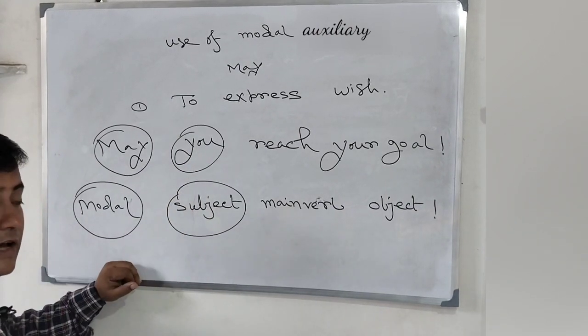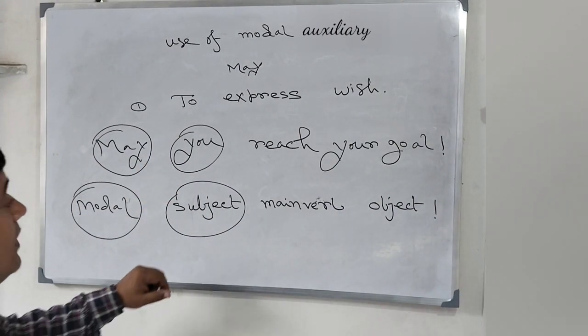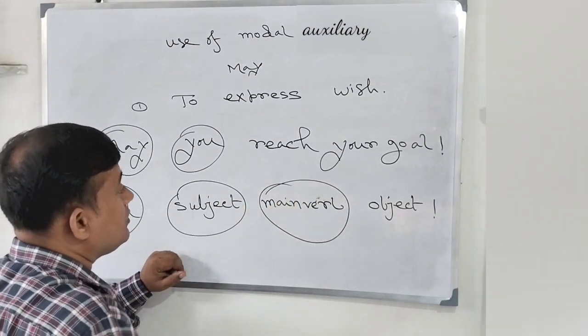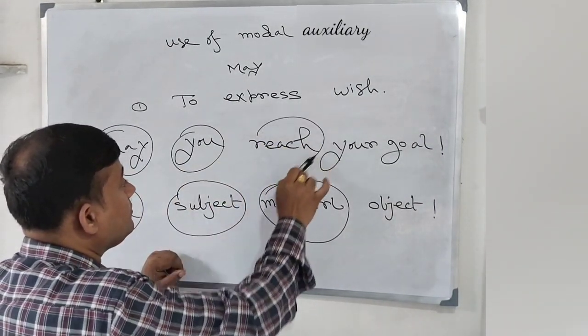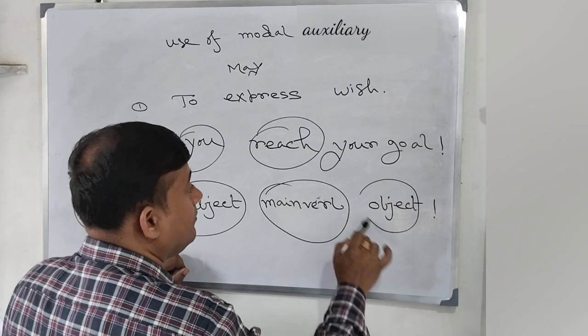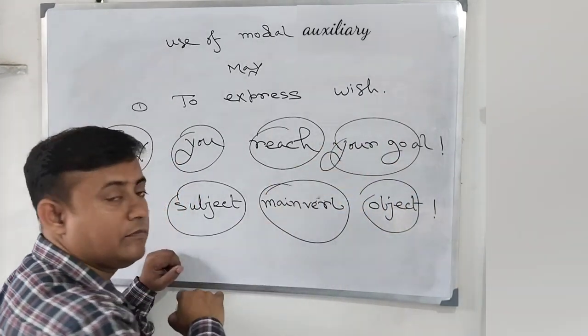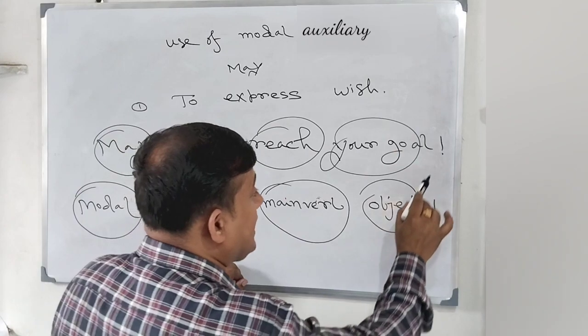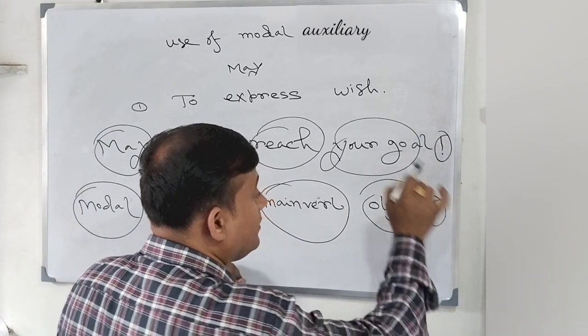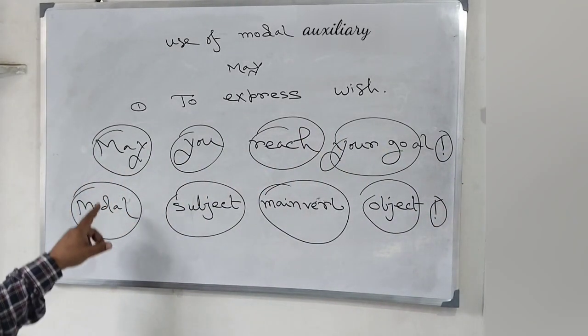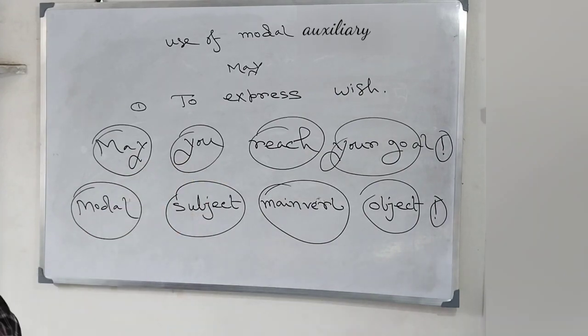Then the main verb will come. Then the object will come. And don't forget to use the sign of exclamation at the end of the sentence. The sentence is: May you reach your goal!